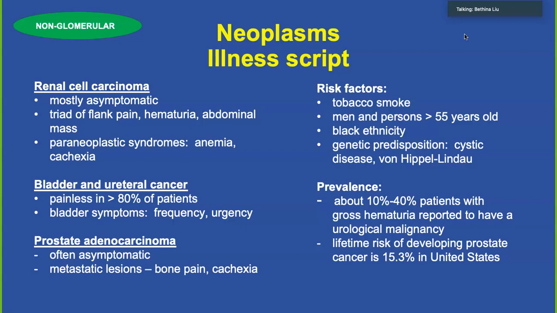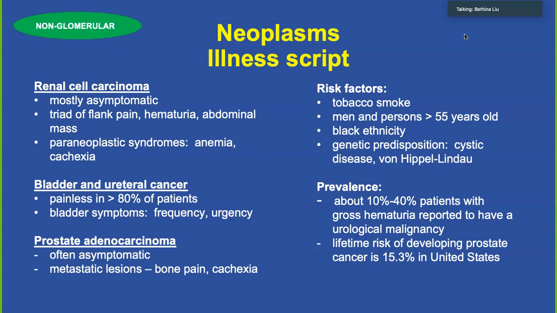malignancies include a history of tobacco use. Men and older individuals are typically at higher risk, as well as Black ethnicity. People may also have genetic predispositions for some of these cancers, which may include a history of cystic disease, which we'll discuss a little bit later, as well as some hereditary cancer syndromes like von Hippel-Lindau for renal cell carcinoma.